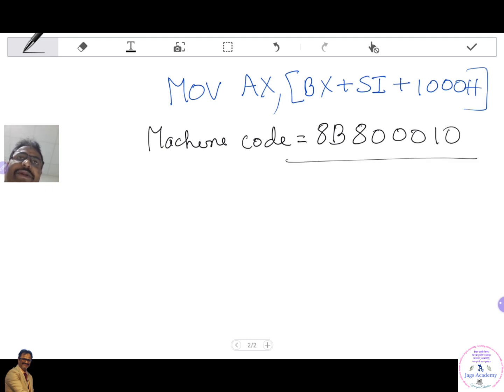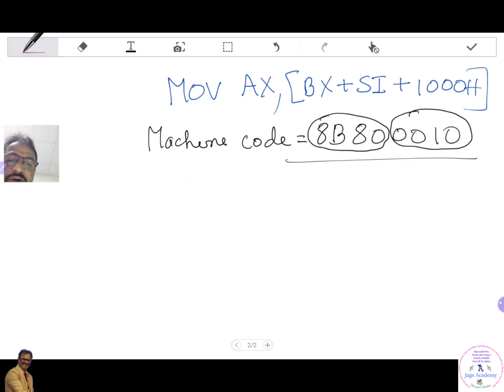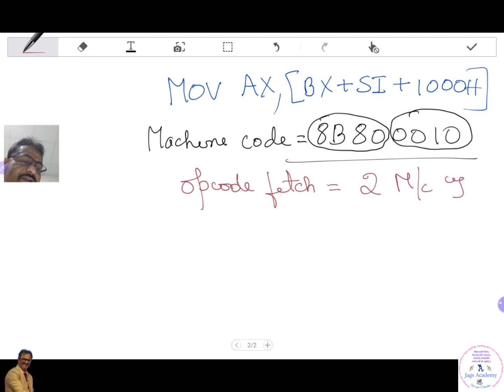Now tell me how many machine cycles are required for opcode fetch in this? You require one machine cycle for this 16-bit and another machine cycle for this 16-bit. So for opcode fetch you require 2 machine cycles. Similarly, there is a memory read here.